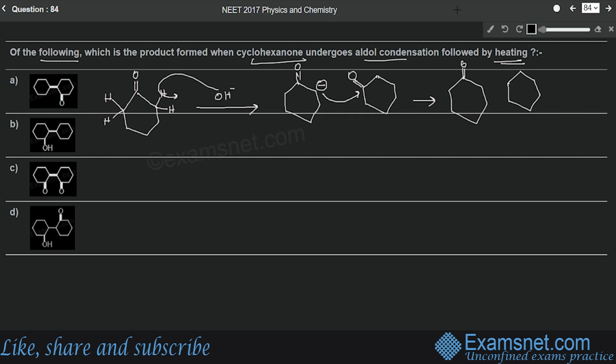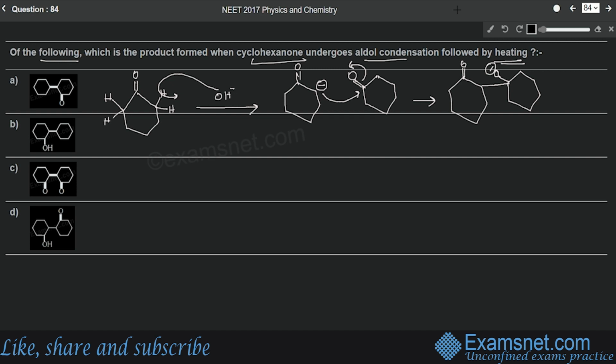Now at this point, since this negative charge has attacked at the ketonic carbon, this bond will move towards the oxygen. Okay, so in the second molecule, there will be only one bond with oxygen and there will be a negative charge on this oxygen, because the charge has moved onto the oxygen and there has been a formation of a bond between these two molecules.